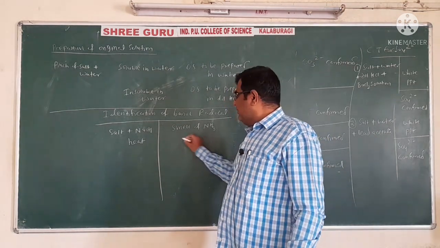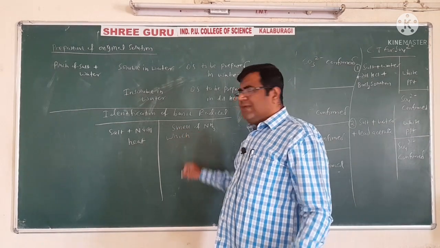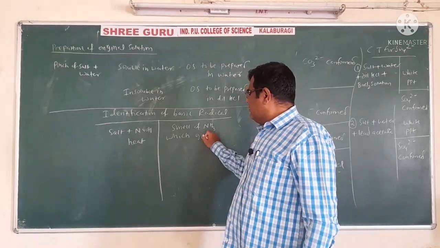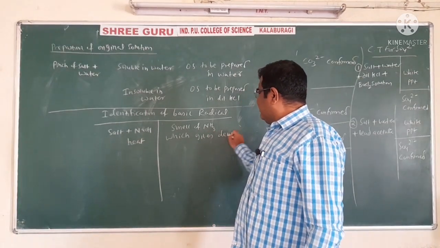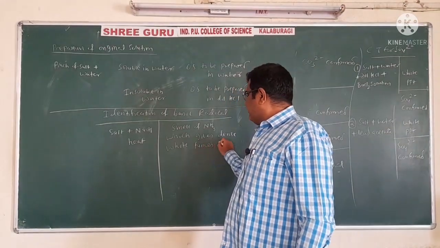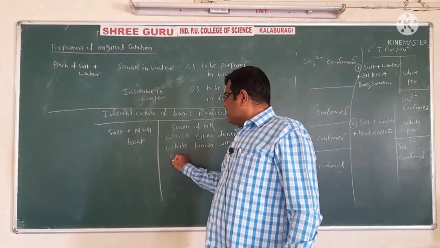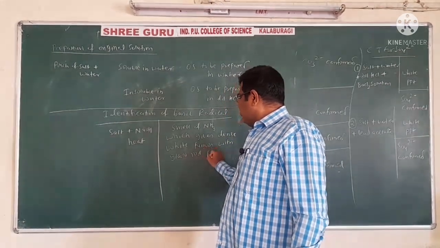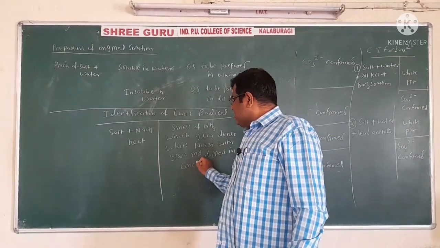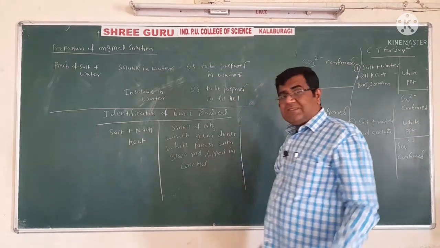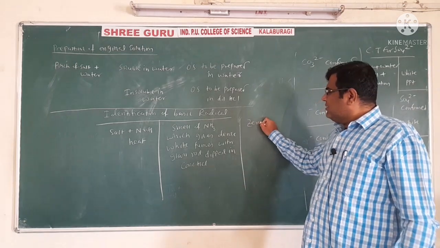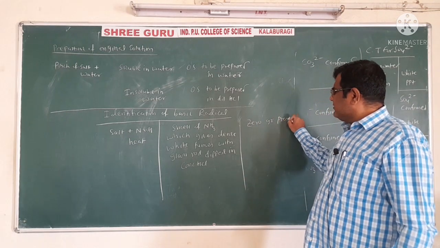Smell of ammonia, and the gas that comes out, sometimes it is not visible, but it gives dense white fumes with a glass rod dipped in concentrated HCl. If that happens, you have to write two inferences. Remember, two inferences. First is zero group present.